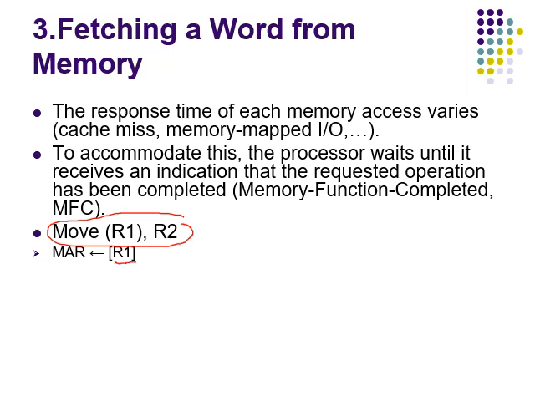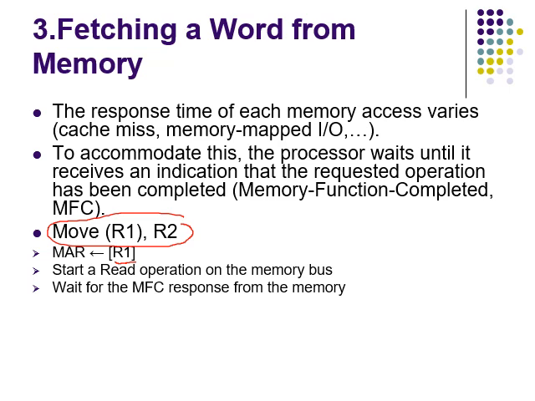Then it starts a read operation on the memory bus. Next, it waits for the memory function completed response from the memory. Then it loads the memory data register from the memory bus. Finally, from the memory data register, the data is loaded to register R2.